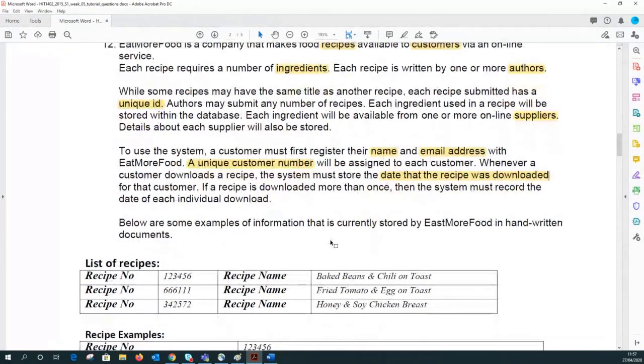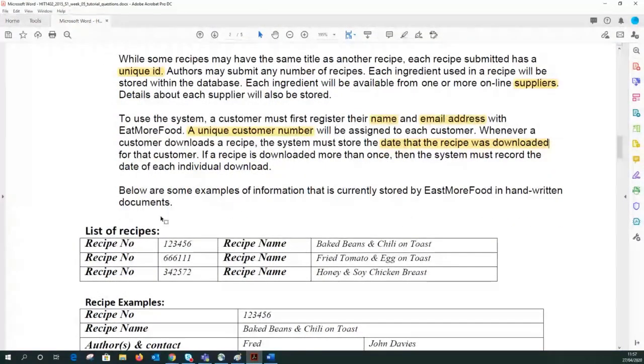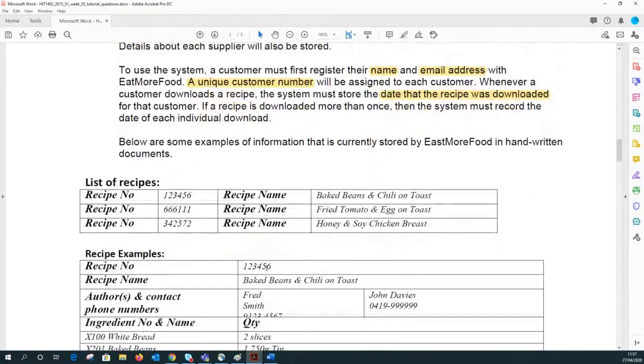Now let's go through the rest. Below are some examples of information that is currently stored in East Morfood in handwritten documents. Let's go through these. These are the list of recipes, and each recipe has the recipe number and the recipe name. So these are the two attributes: recipe number and recipe name.